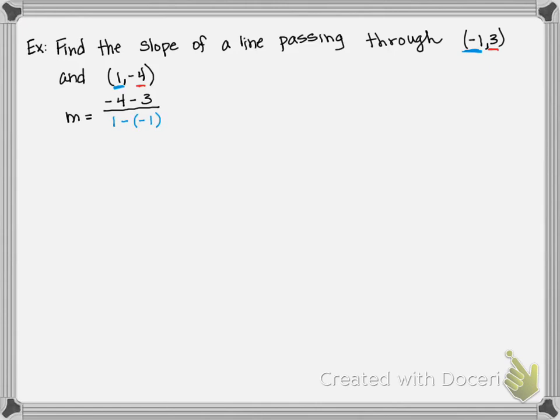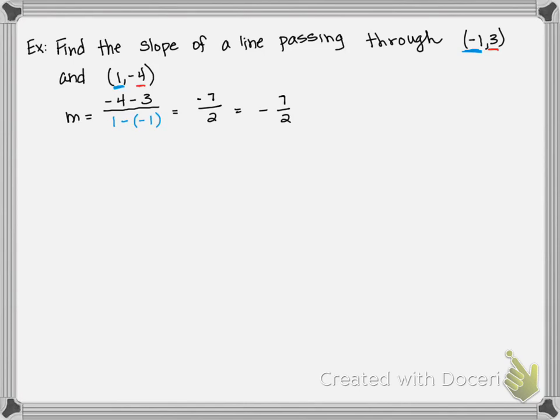Again, if you check, notice that those two numbers come from the same point, right? 1, -4, and my other point is -1, 3. If I had swapped either the top or the bottom, then they wouldn't have aligned. So vertically, they wouldn't have come from the same point. So that's always a good thing to check that you haven't flipped those guys. And so simplifying gives me -7 over +2, so my slope is -7/2.